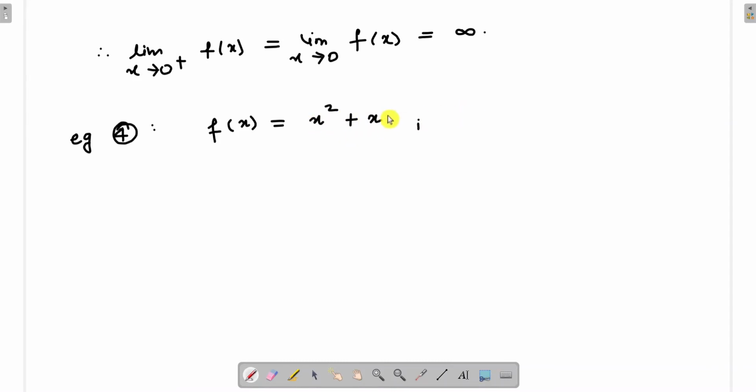and we are to find the limit as x tends to 2 of f(x). So here we have to do similar things.